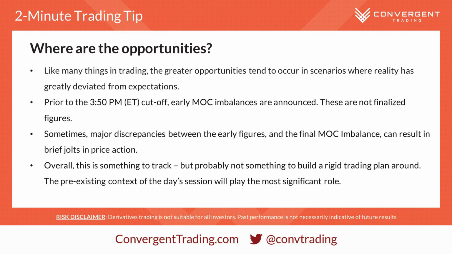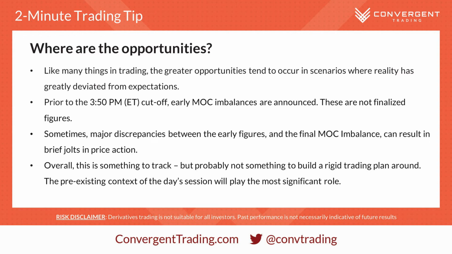So for example, if there's an early MOC imbalance of 300 million to the sell side, and at 3:50 Eastern, the MOC number comes out as 900 million to the buy side, it's unlikely for this number to really impact the price action in the markets at all.